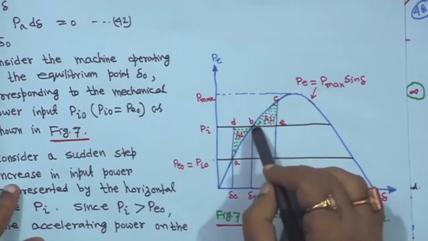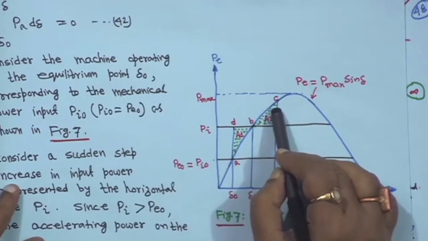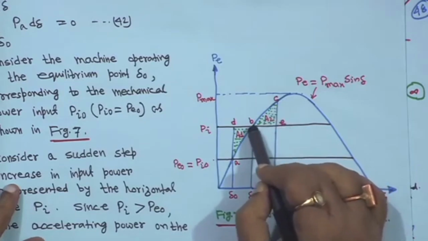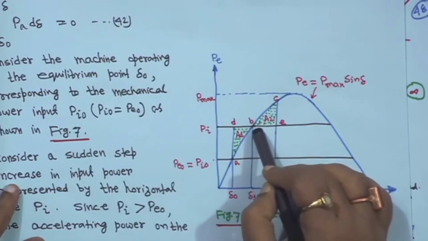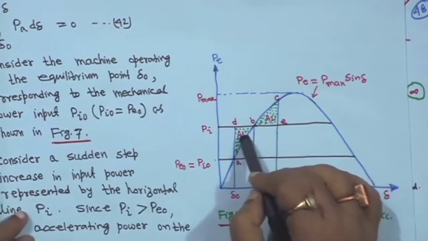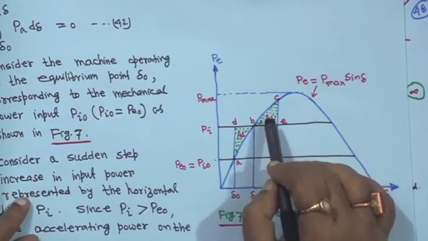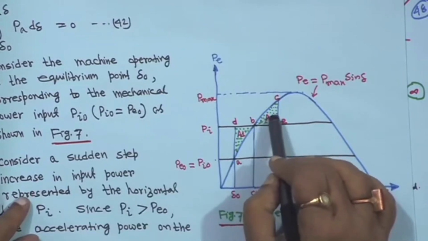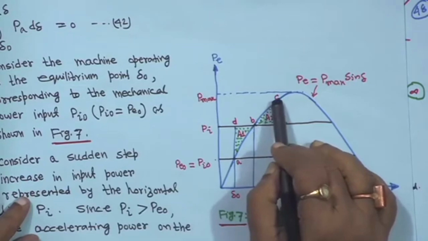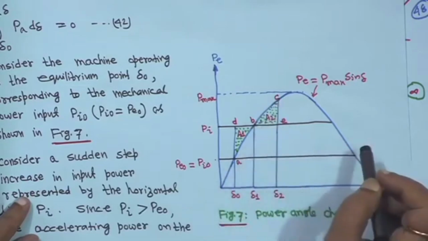So, what will happen, it will decelerate and pass point B, and whatever energy was stored during acceleration, the same energy it will release during decelerating condition, and it will move up to C where it attains synchronous speed.